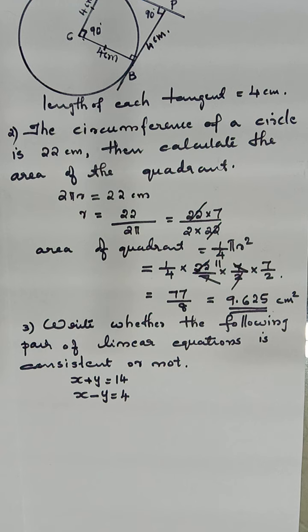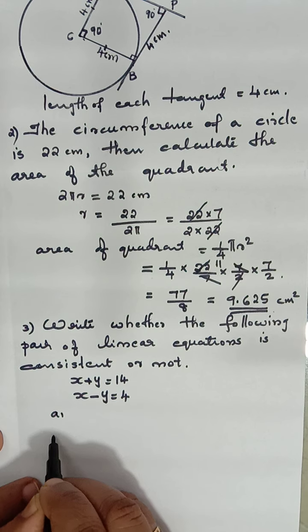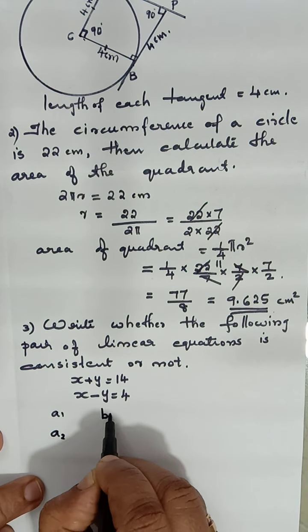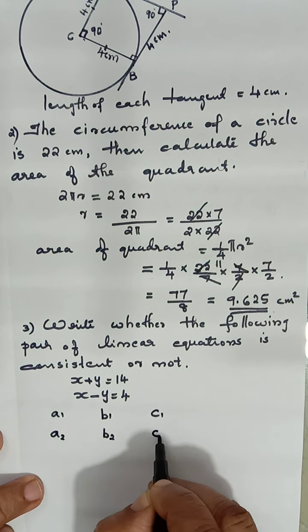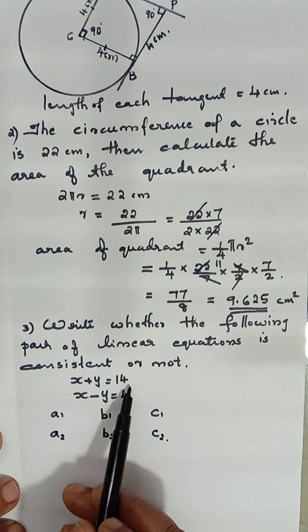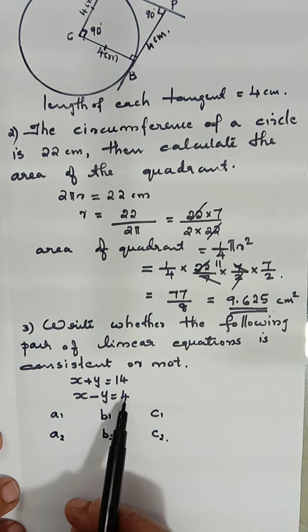So let us check the first condition itself. For a unique solution, we have to find out what are a1, a2, b1, b2, c1, c2. So this linear equation is of the form ax plus by equal to c. Second one also ax plus by equal to c.